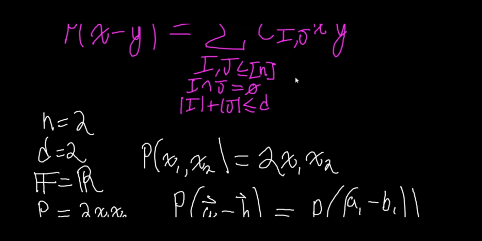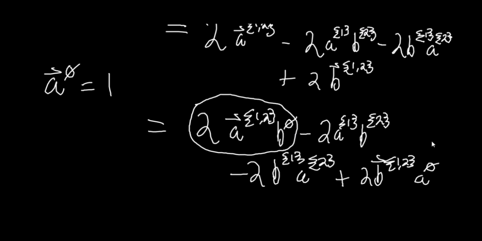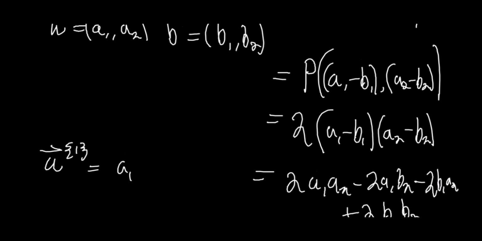Notice that each of these exponents is disjoint: if I raise a to something, then whatever I raise b to in the same term is disjoint from the exponent of a. Moreover, if we add the cardinalities of the exponent of a and the exponent of b for any term, that sum is less than or equal to d. Remember, d in our case is 2. And so it does seem like a natural claim to make.